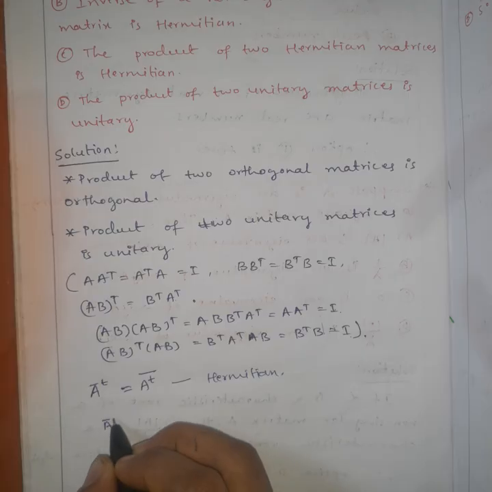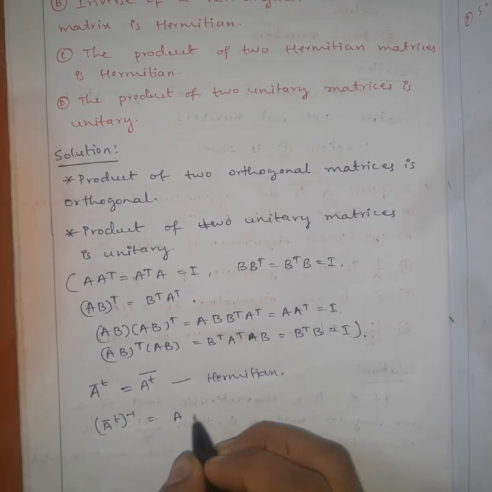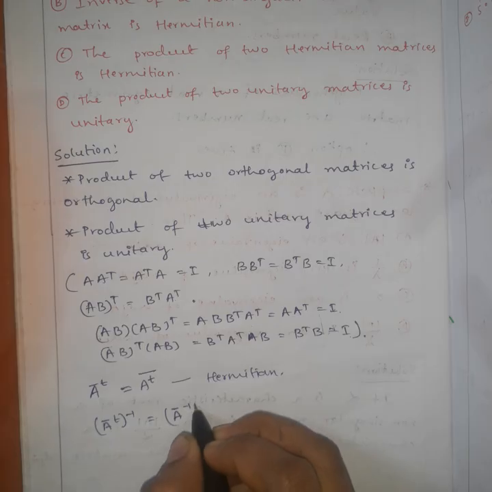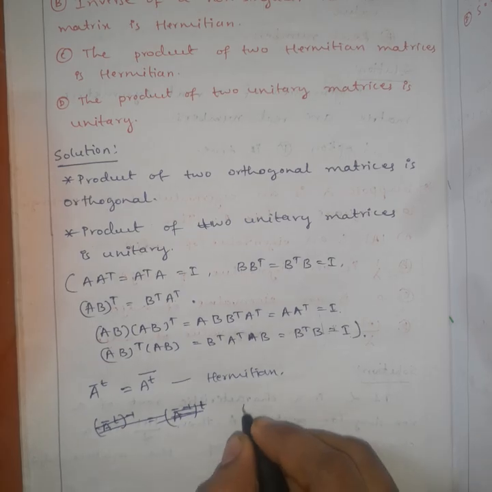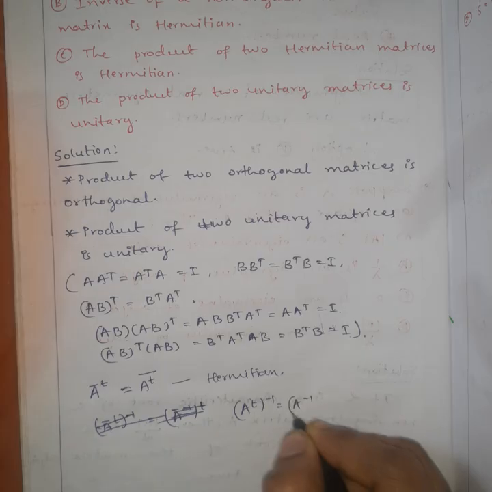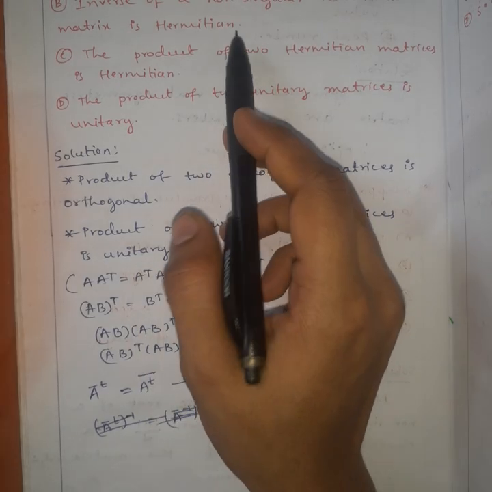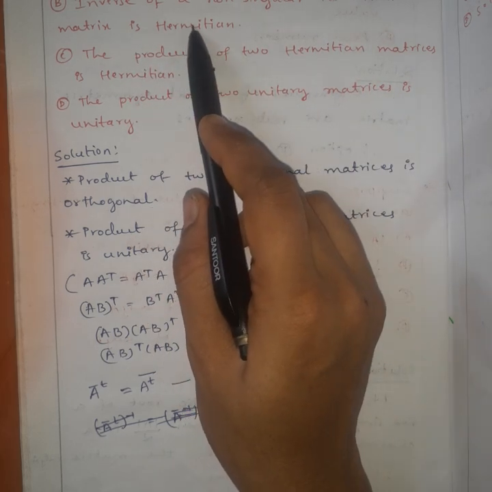Now (A bar transpose) inverse is nothing but A bar inverse transpose. Okay, we have A transpose inverse is equal to A inverse transpose. So using this property, we can say the inverse of a non-singular Hermitian matrix is Hermitian. So this statement is a true statement.